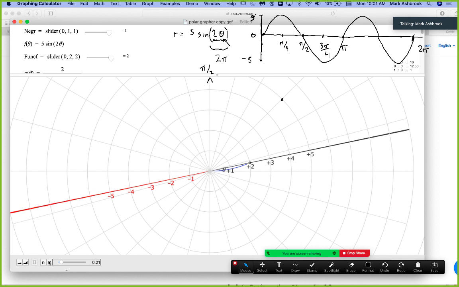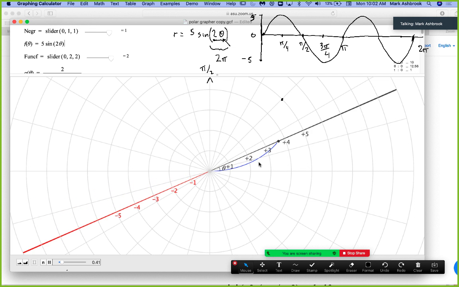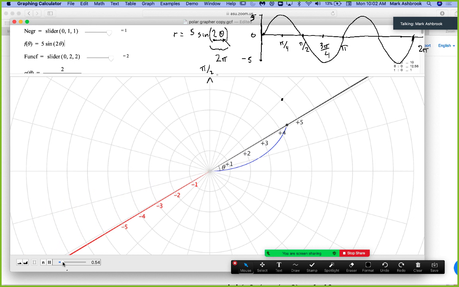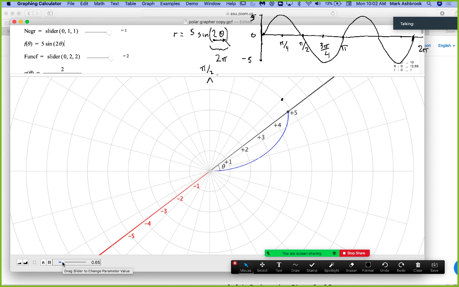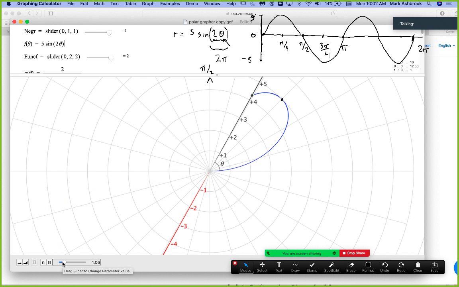So heading out rapidly, right? R is increasing rapidly until we reach pi over 4. And now r is changing a little more slowly, hovering by pi over 4. And then it's going to start to decrease slowly. And then as theta continues to increase, r is going to decrease rapidly.